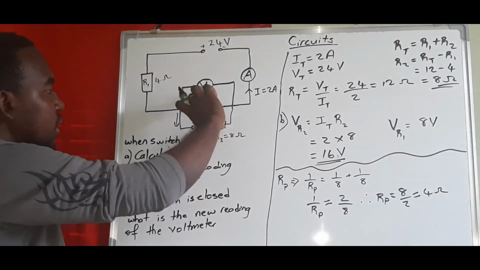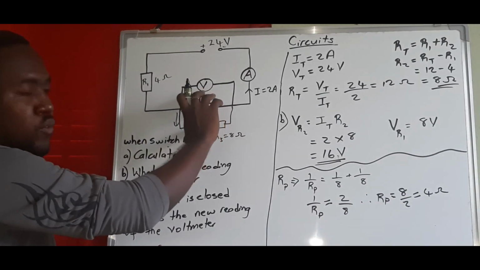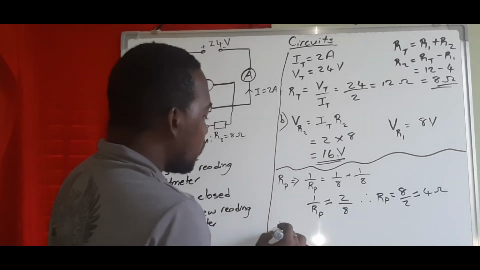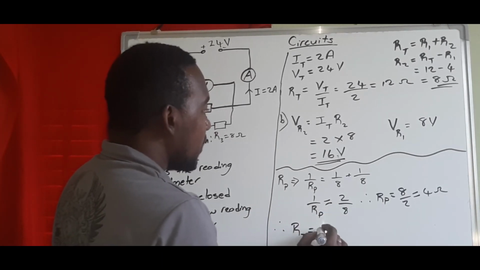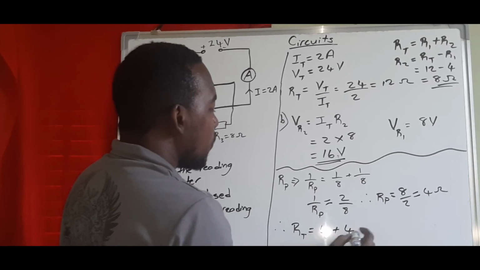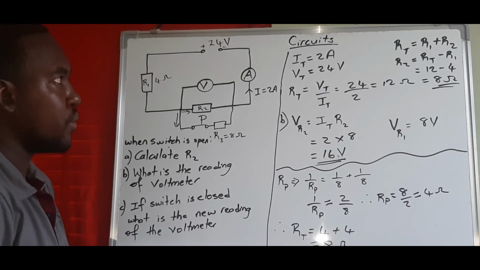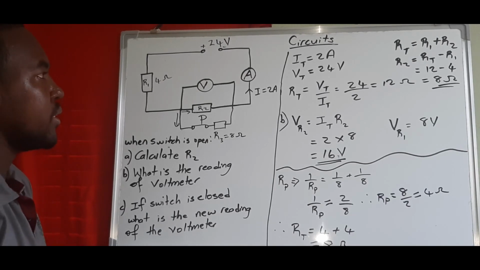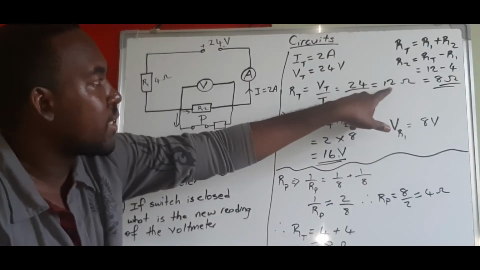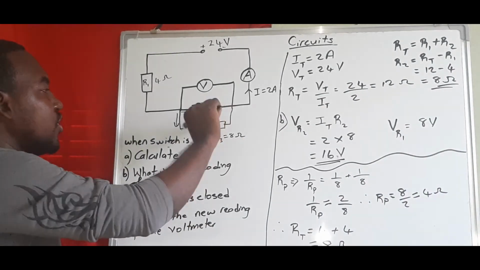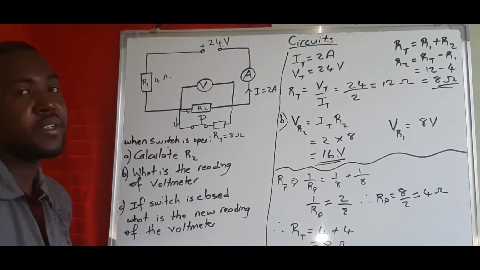So the total resistance here is 4, but it's in series with this 4 as well. So therefore, the new RT would be 4 plus 4, which is 8 ohm, right? So we get a total RT of 8. So the previous RT was 12. Now this one is 8, and that's because we introduced a new resistor that is in parallel to it.